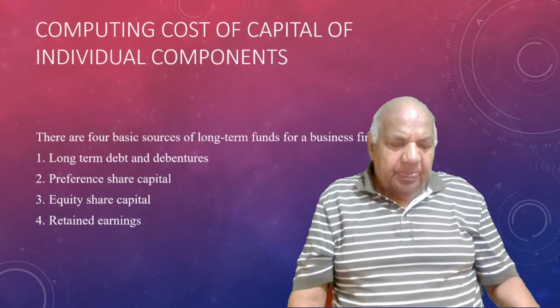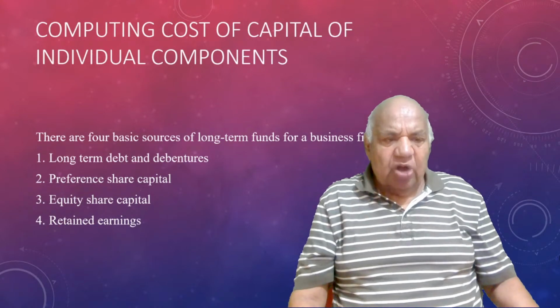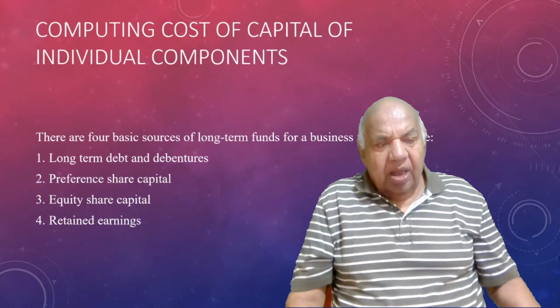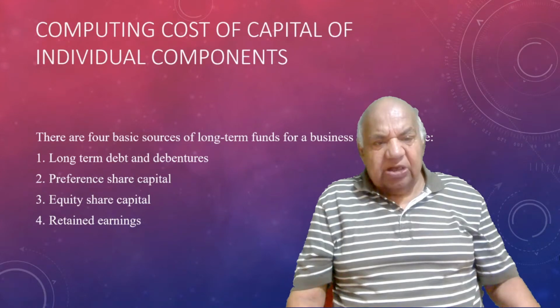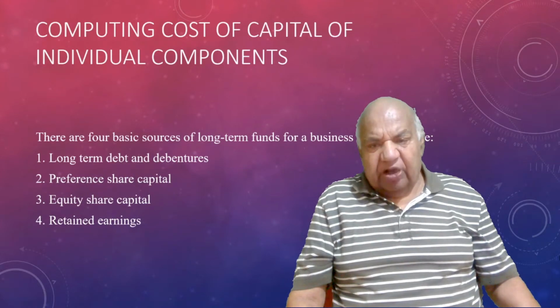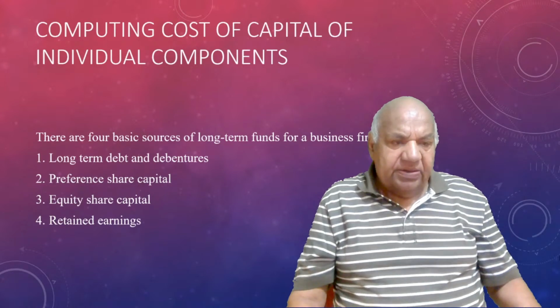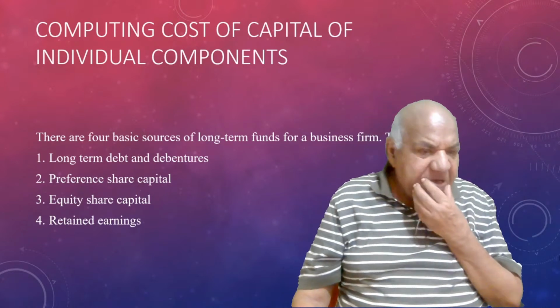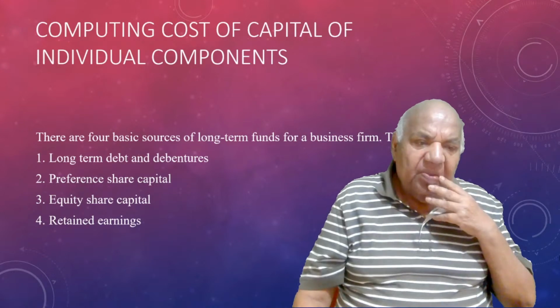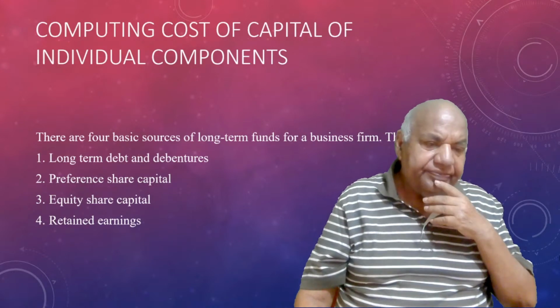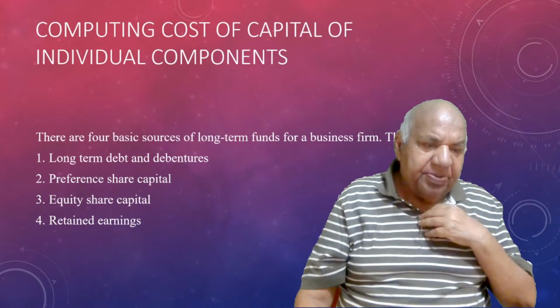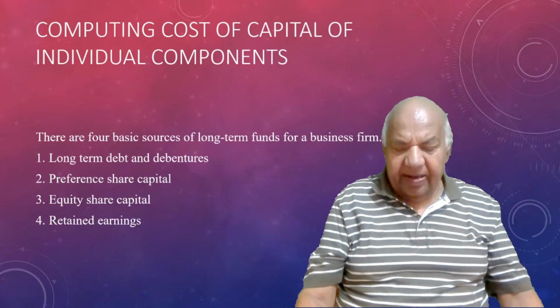Computation of cost of capital of individual components. There are four basic sources of long-term funds for a business firm. They are long-term debt and debenture, preference share capital, equity share capital, and retained earnings.